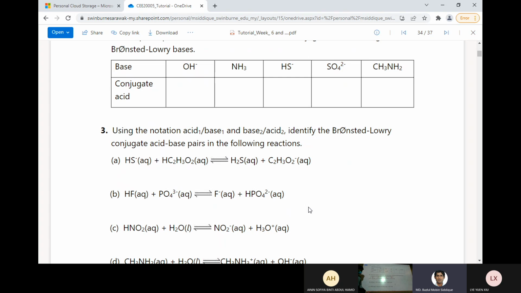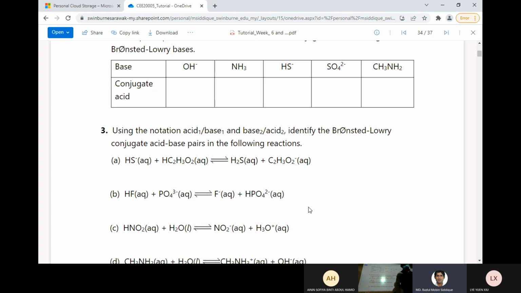When it is in aqueous medium. But if it was gas, HF gas, or nothing written, then hydrogen fluoride gas or hydrogen chloride gas, right? The nomenclature we have seen in the first lecture, I think.